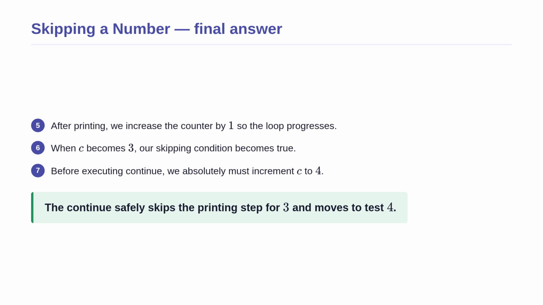If we forget this step, c will stay 3. The continue will jump to the top, the condition will still be true, and the program will freeze. By incrementing c first, the continue safely skips the printing step for the number 3 and routes the program directly back to the top to test the number 4. The final output is 1, 2, 4, and 5.